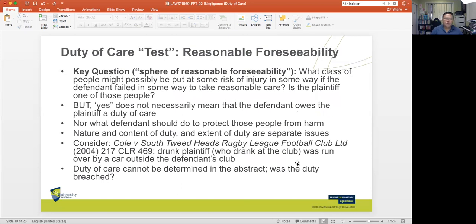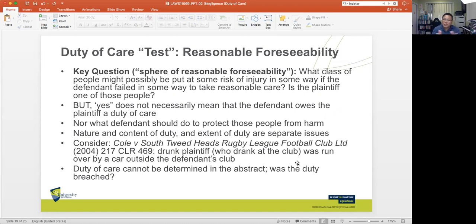Okay, so when it comes therefore to the duty of care test, the test is about reasonable foreseeability. The key question is the sphere of reasonable foreseeability. So there has to be a limit, a scope of the sphere of reasonable foreseeability. There has to be a point at which it starts, and there has to be a point at which it ends.